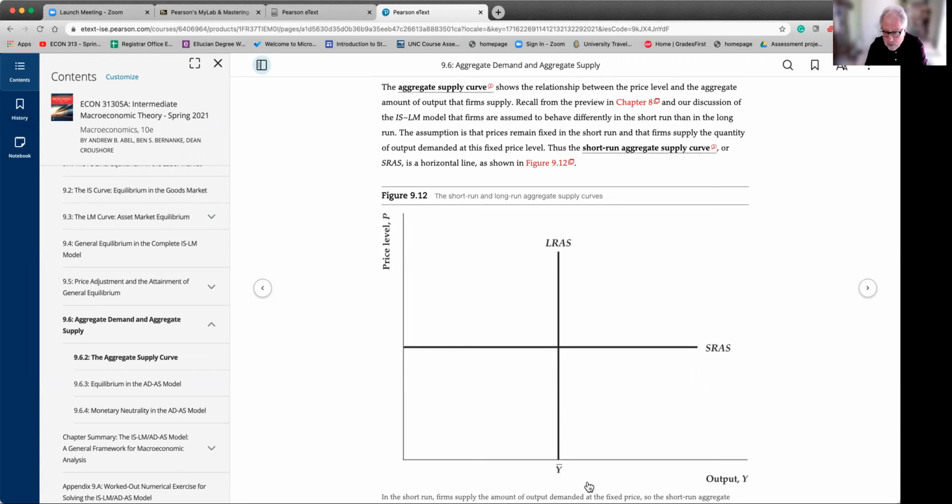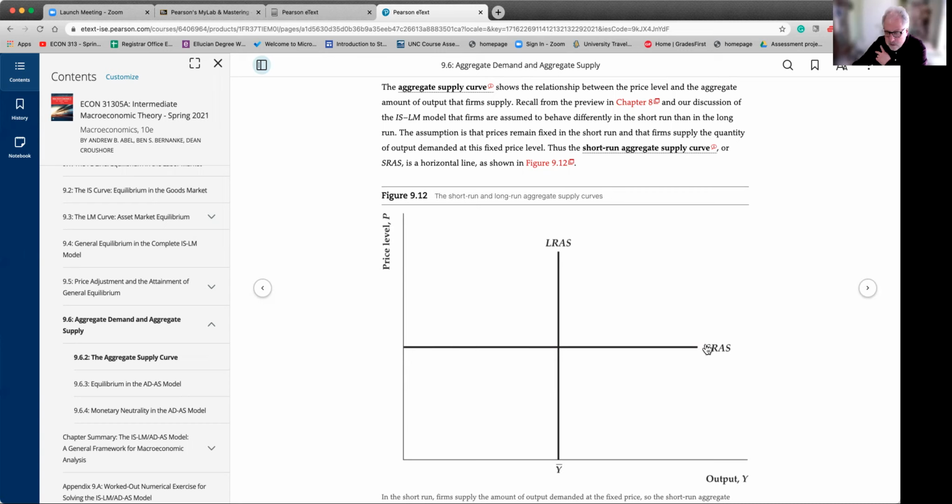In the short run, Keynes assumed that prices were fixed. So in the long run, prices are flexible and adjust fully. In the short run, prices are fixed, they don't adjust at all. And so the assumption in the Keynesian model is that firms will supply whatever output level is needed in the economy and will adjust their hiring and employment to do that for whatever the current price level is.